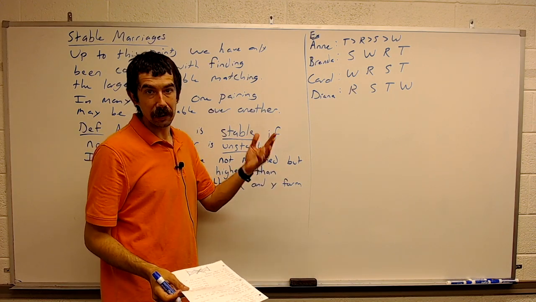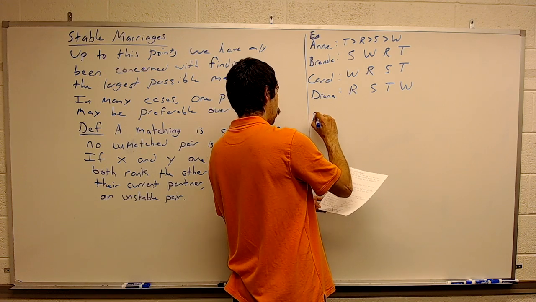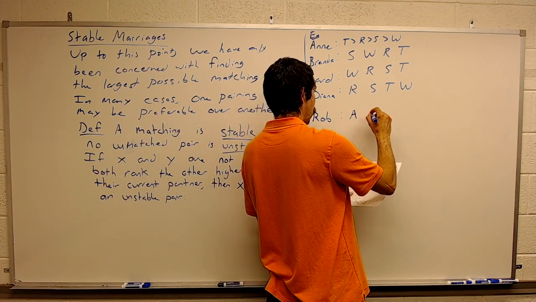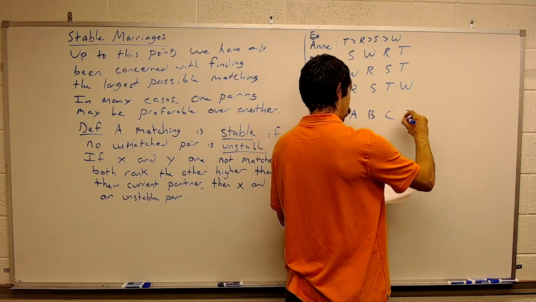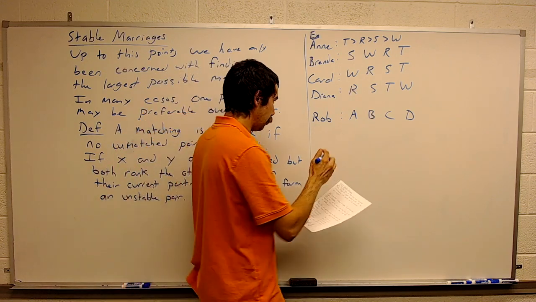The men have preferences about the women as well. All right, so Rob is a simple man. He's an alphabetical order kind of guy, which is fine.